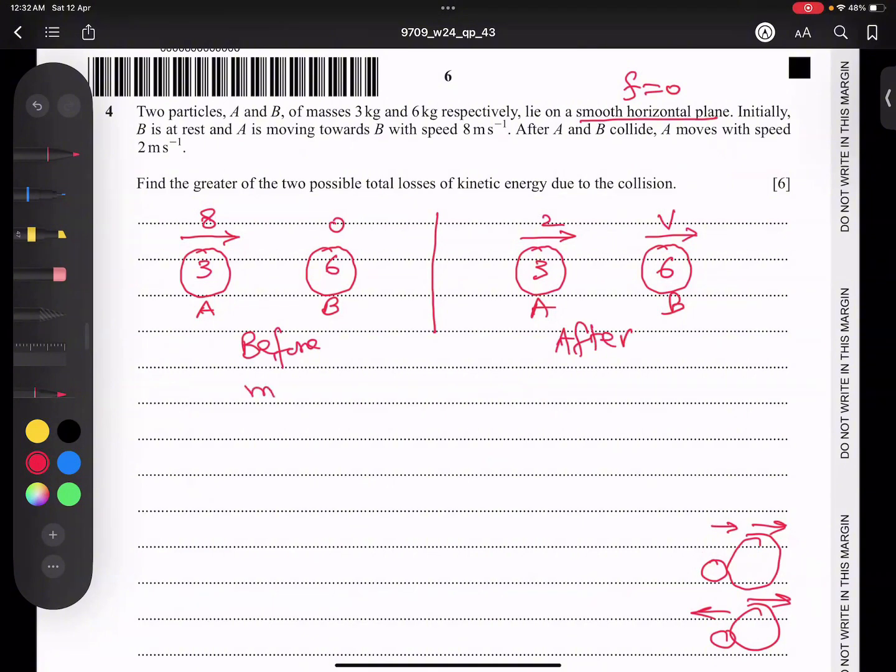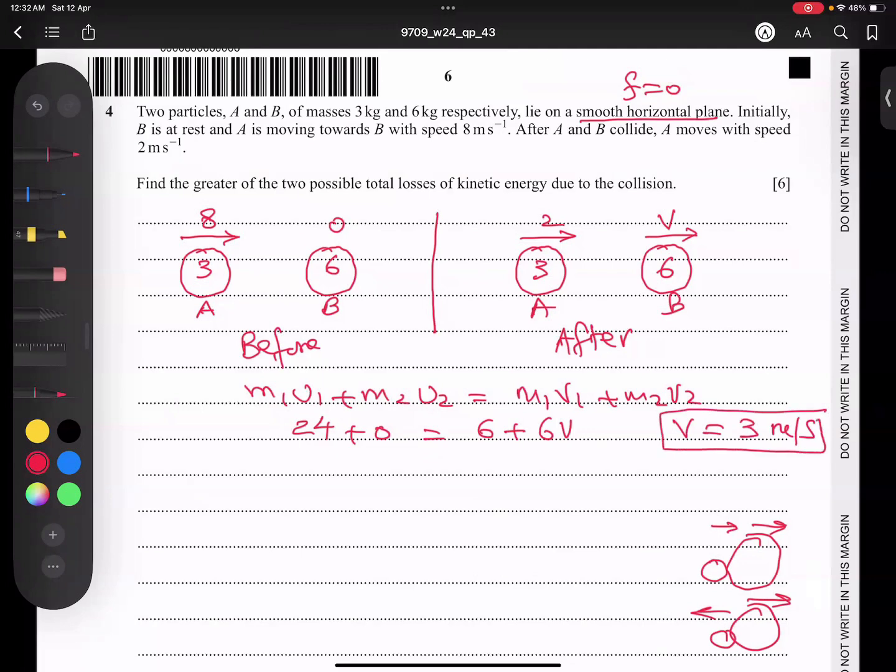The formula you know very well: M1 U1 plus M2 U2 equals M1 V1 plus M2 V2. 3 into 8 is 24, plus 0, equals 3 into 2 is 6, plus 6V. So I got 18, and 18 divided by 6 gives 3 meters per second. So this is the first situation.